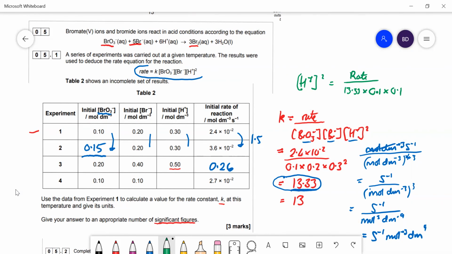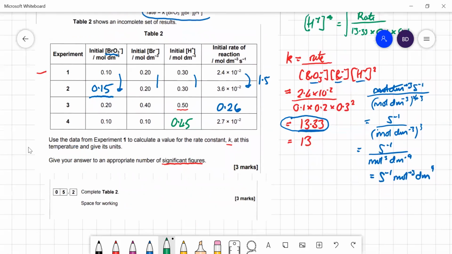Find out H squared and square root it, and you should get a value there of 0.45. That's probably the easiest way of doing those last two, just to substitute the numbers into the equation. Okay, so that question is done.